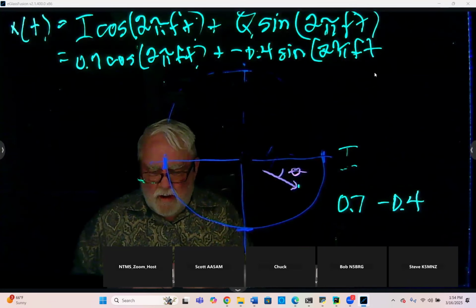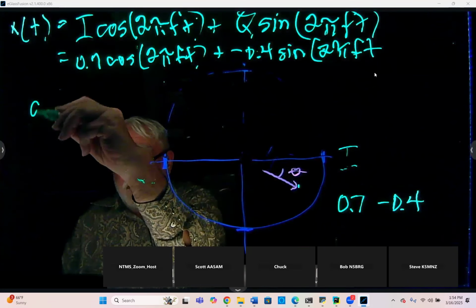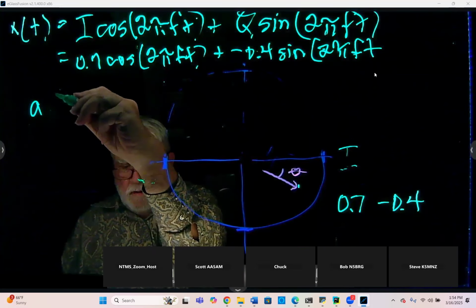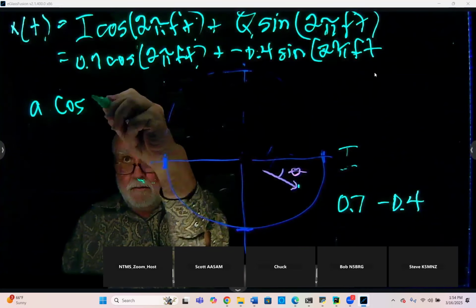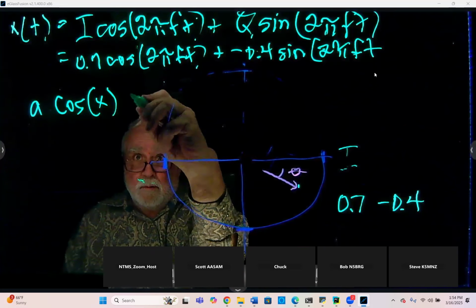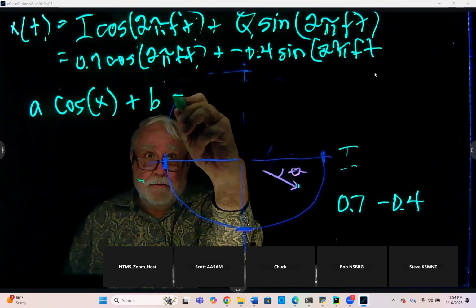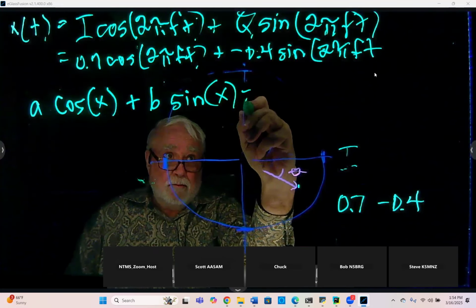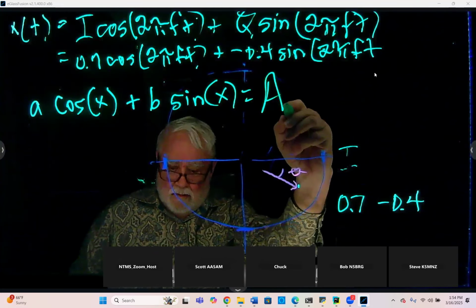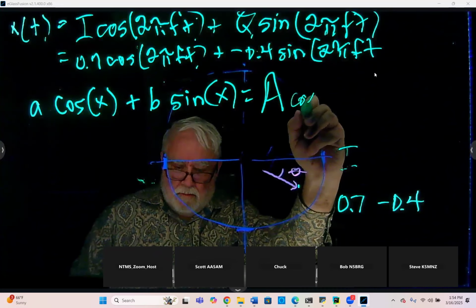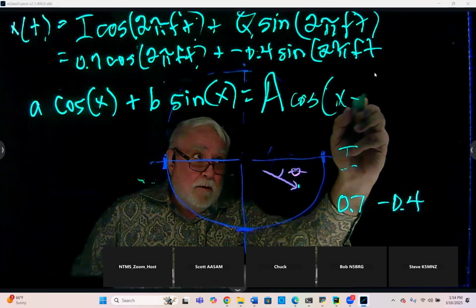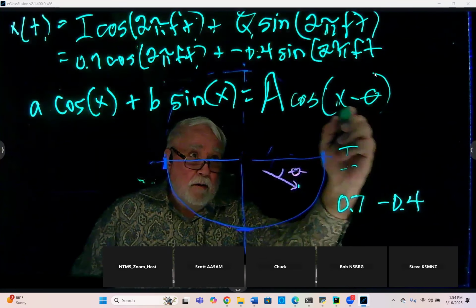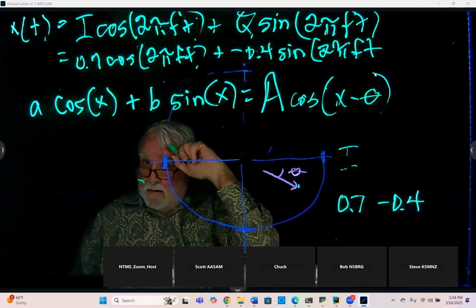There comes the trig identity. So again, a cos x plus b sine x equals a capital A cos of x minus phase. Now, we talked about that last week.